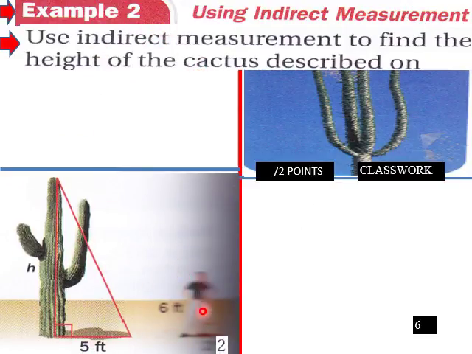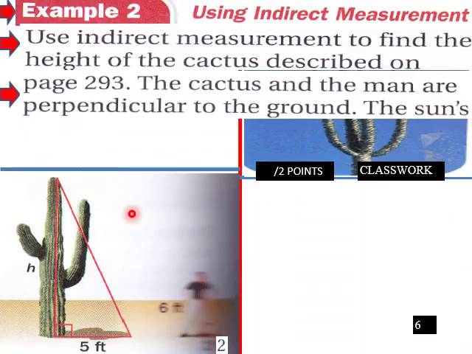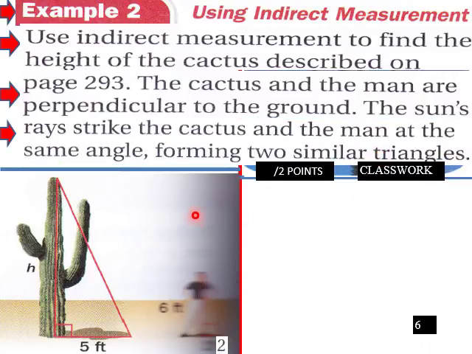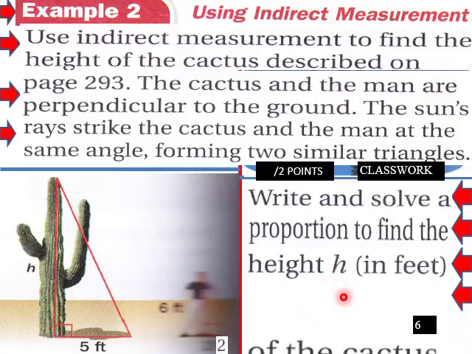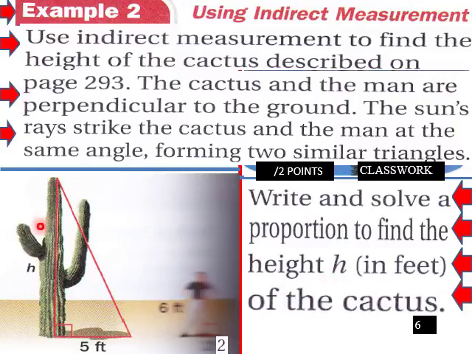Then we have a man, it looks like, that's 6 feet tall. The cactus and the man are perpendicular to the ground. The sun's rays strike the cactus and the man at the same angle. So we're not going to use trigonometry, we're going to use proportions here. Write and solve a proportion to find the height h in feet of the cactus.